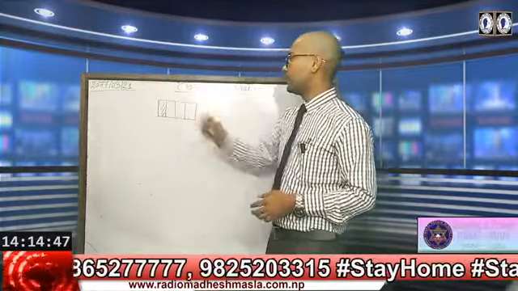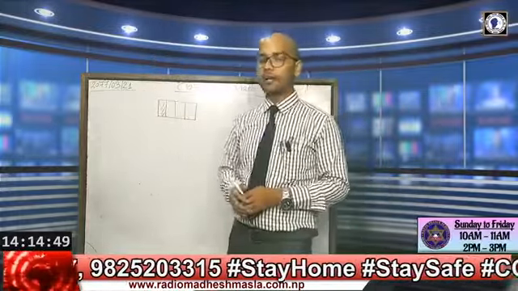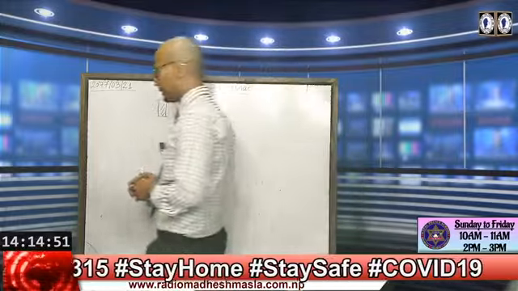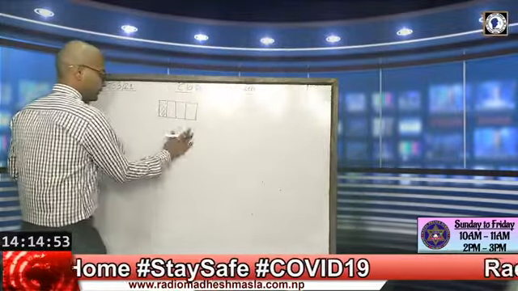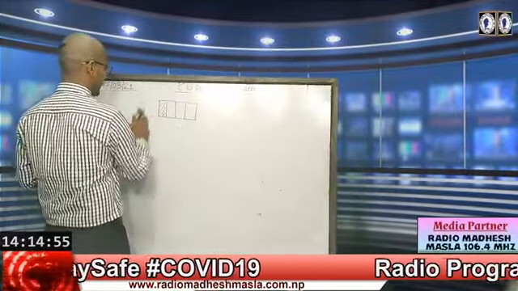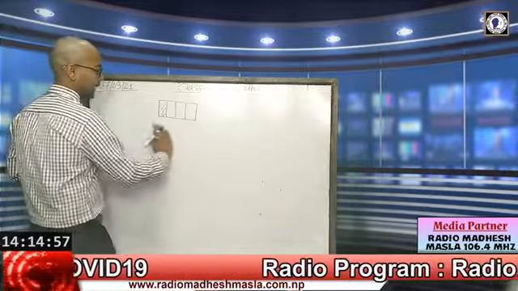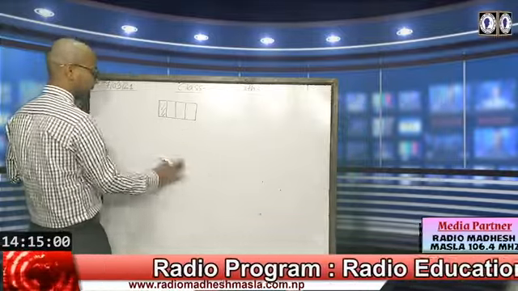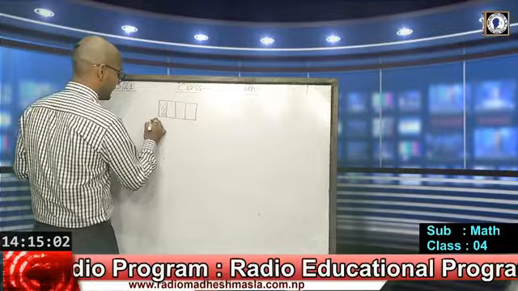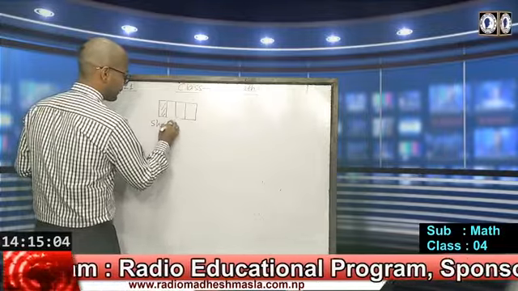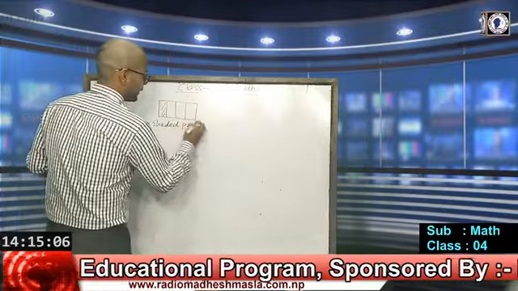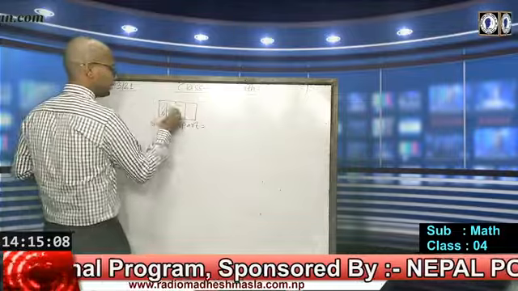The question asks you to find the fraction of the shaded region or non-shaded region. At that time, first we have to identify, count or calculate the shaded part or non-shaded part. How many shaded parts are there? The shaded part is 1.